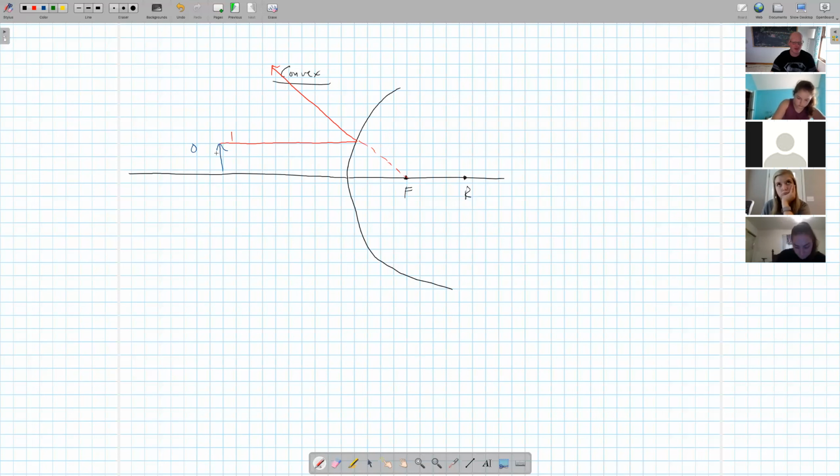Ray number 2 then is the ray which is supposed to go through the focal point. Basically, if I draw this ray going down in this direction and extend it back here, it would actually go through the focal point. But since it is not actually going to go through the focal point, it's going to reflect backwards, parallel to the principal axis. Let me draw that a little bit better.